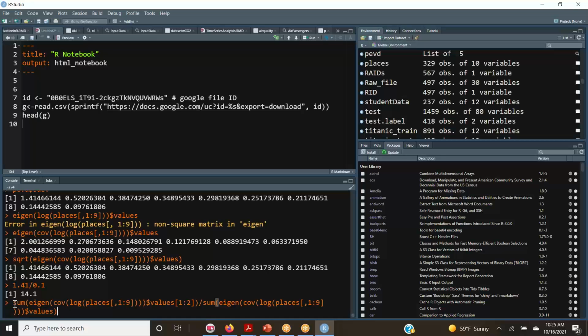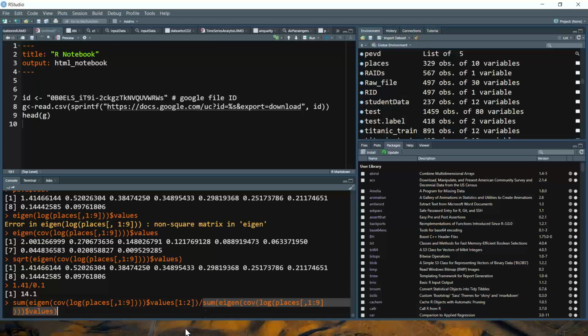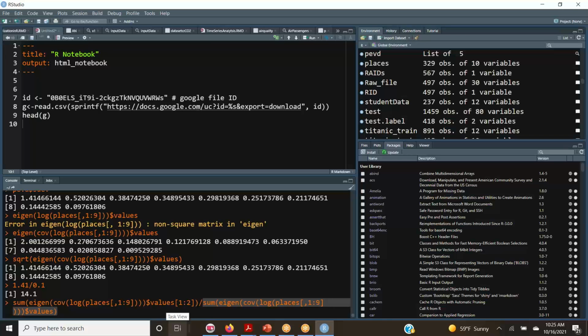So this will tell me the percentage of variance explained by the first two eigen directions, because I'm putting it in the numerator, this part, and I'm putting it in a percentage. It's percentage because in the denominator I get this. Works well.